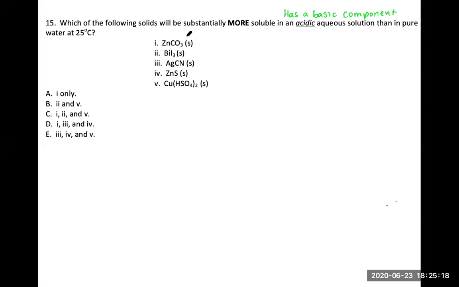Okay, so now for number 15, they're asking us which will be more soluble in an acidic solution than if we're just in pure water. We find that things that have a basic component in them will be more soluble in acidic solution. If we think about what this would dissociate into, we're going to end up with zinc carbonate breaking into zinc ions and carbonate ions.